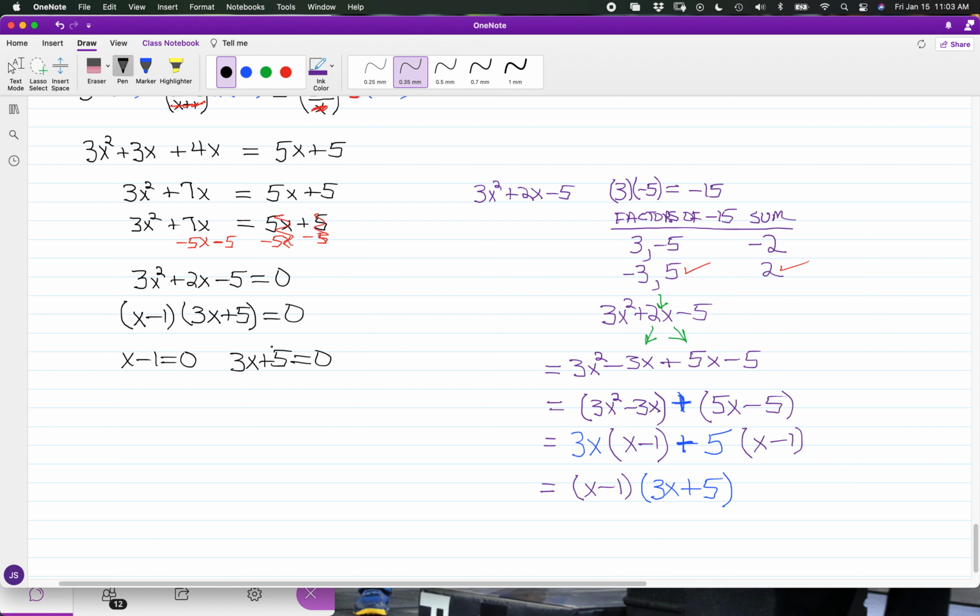For x minus 1 equal to 0, if I add 1 to both sides, we're going to have that x is equal to 1, and for 3x plus 5 equal to 0, if I subtract 5, we're going to have that 3x is equal to negative 5, and with division by 3, okay, we're going to have an apparent non-integer solution with x at negative 5/3.